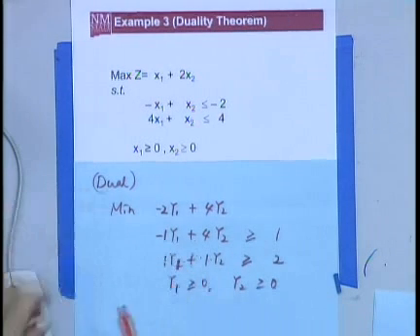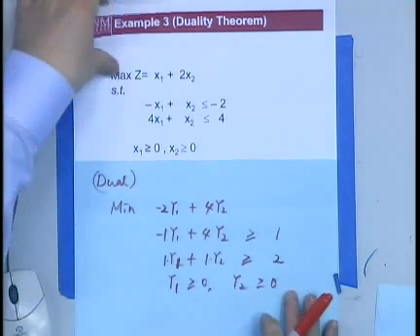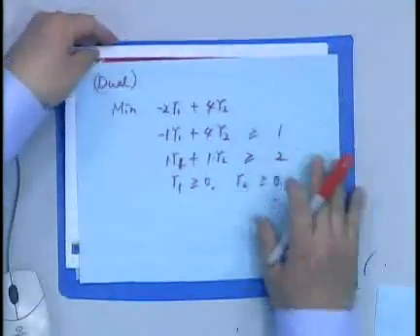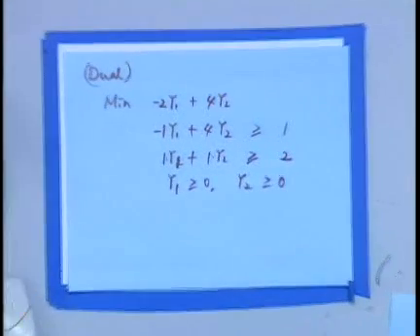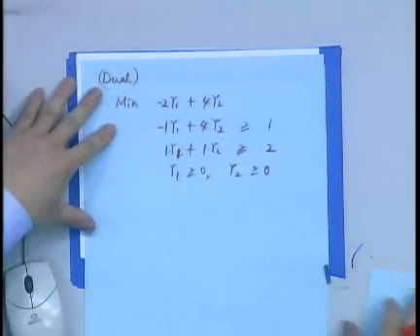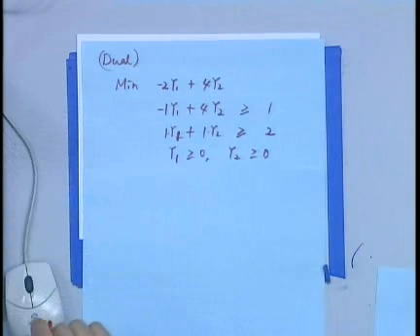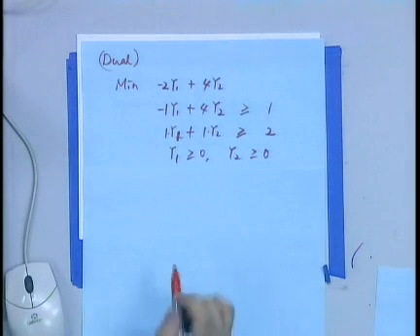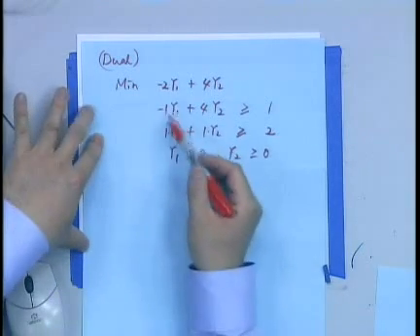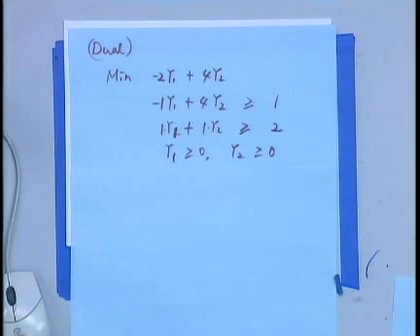So this is the dual problem. Is that big enough? Everybody can see this clearly? Okay.